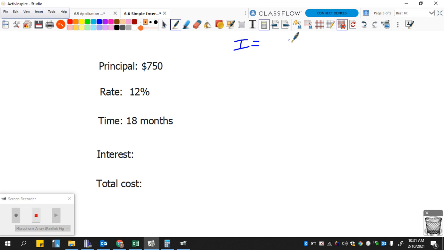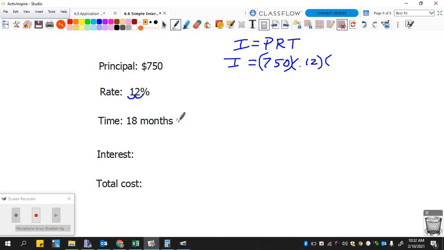Interest is equal to principal times rate times time, right? So interest is $750 times the rate, which is 12%, moved to a decimal, so 0.12, times the time, which is 18 months.